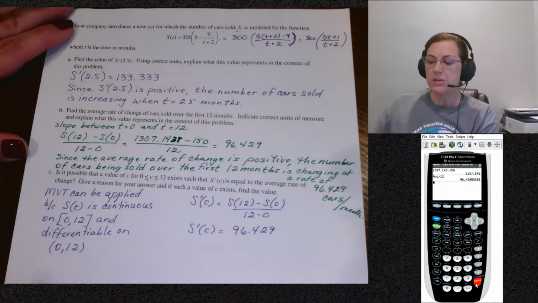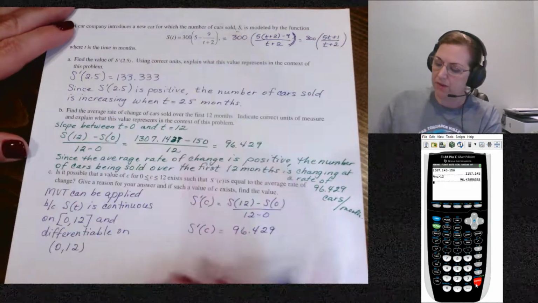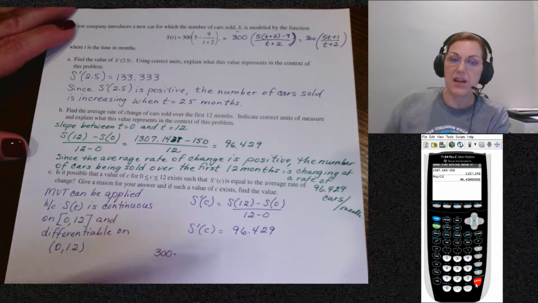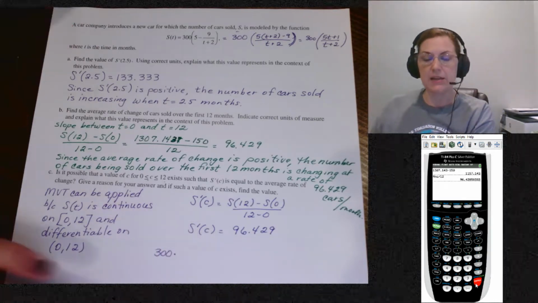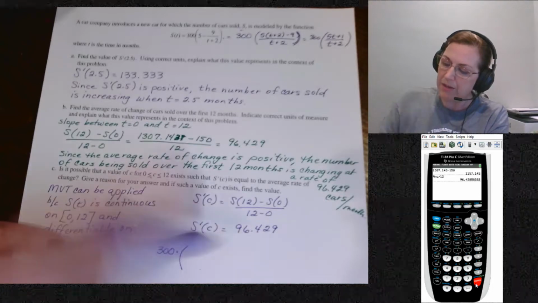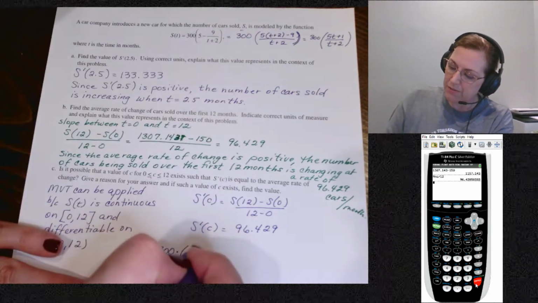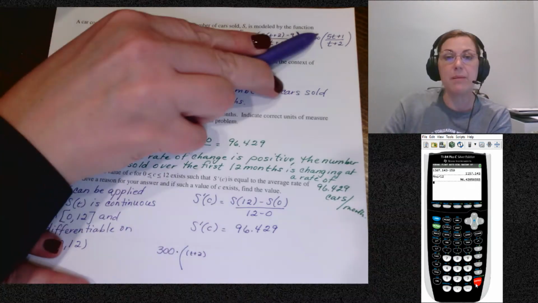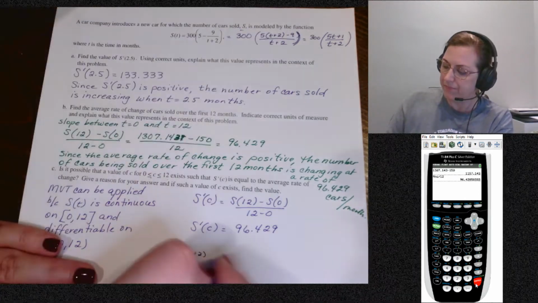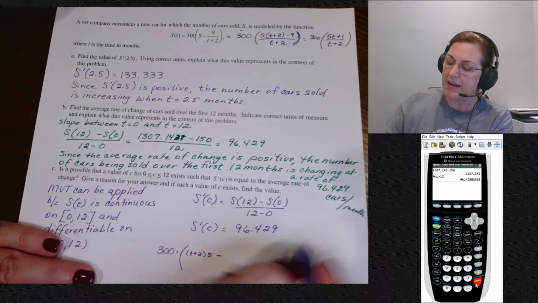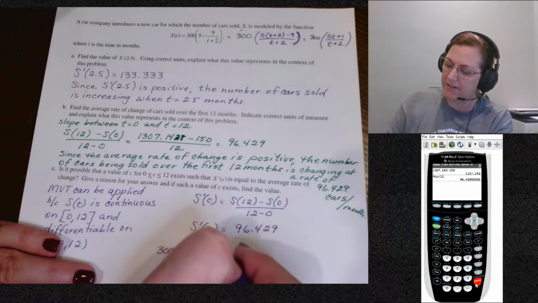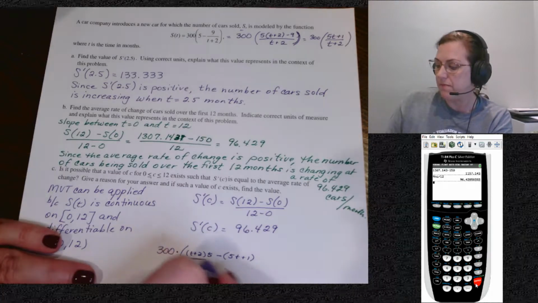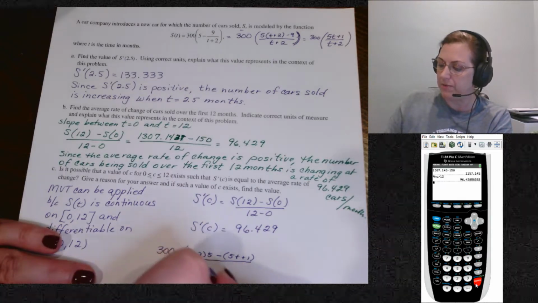Okay, so this is what I'm going to take the derivative of. I'm going to have that 300 in front, and then I'm going to do low d high minus high d low. I'm going to do the low, which is t plus 2, times the derivative of the top, which is 5, minus the top, 5t plus 1, times the derivative of the bottom, which is 1, all over the bottom squared.